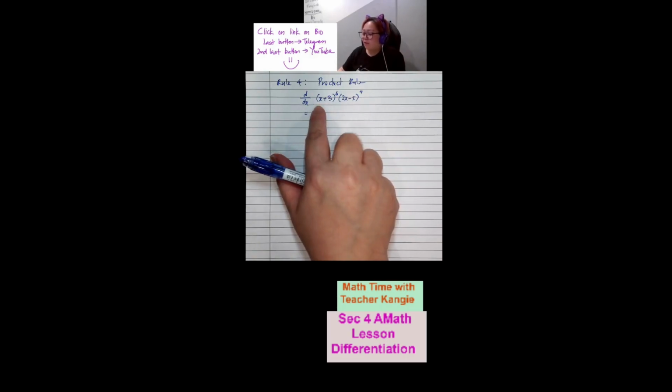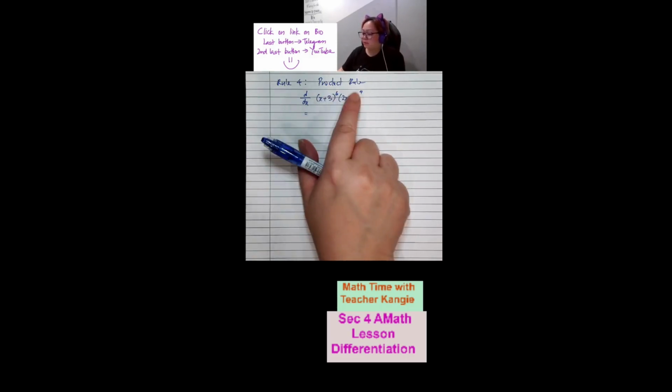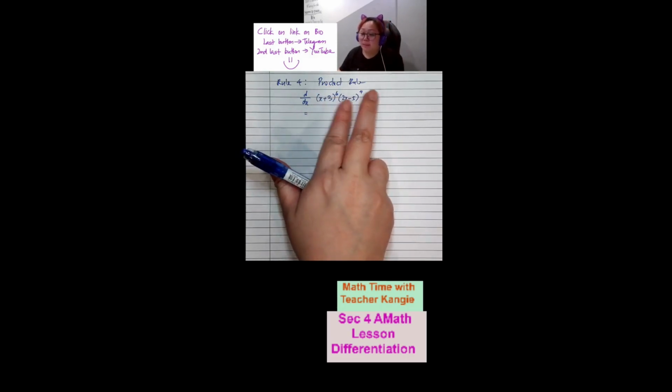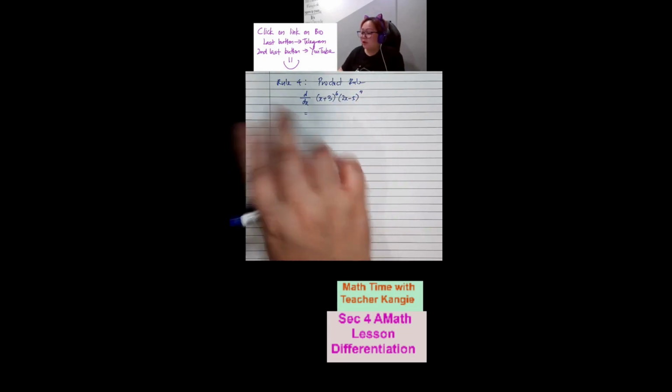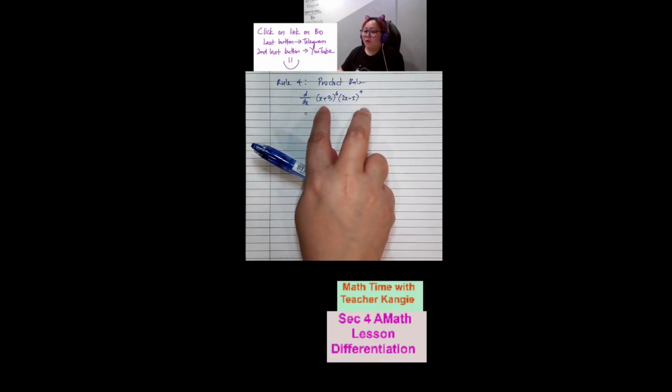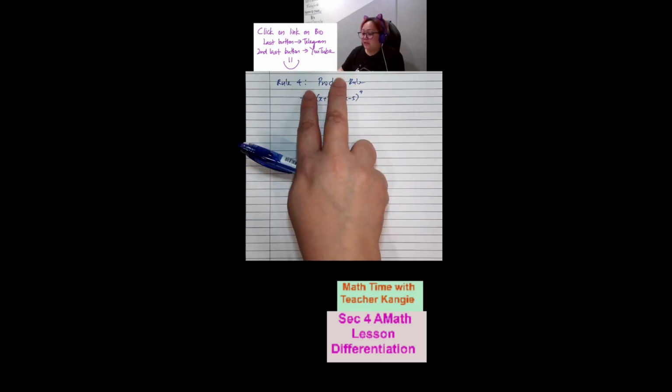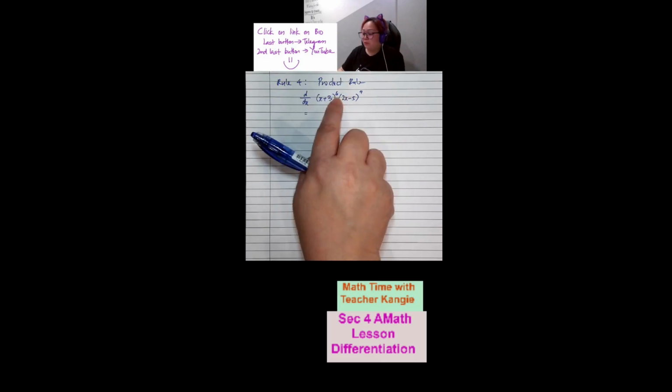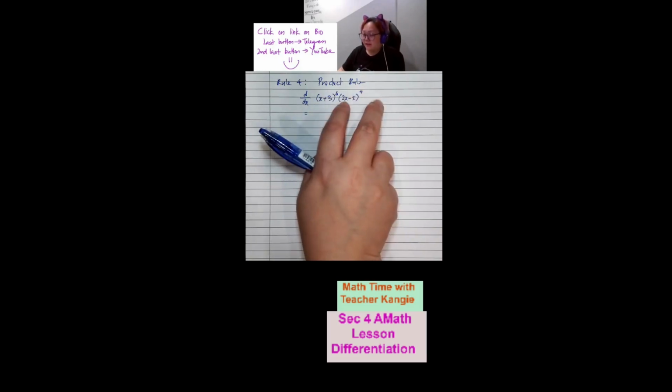Yes, I can apply binomial theorem to expand each, and then multiply them together, but I think that will take ages. So in this case, we have an x expression multiplied by an x expression, and both of them are in x. So in this case, you will apply product rule.